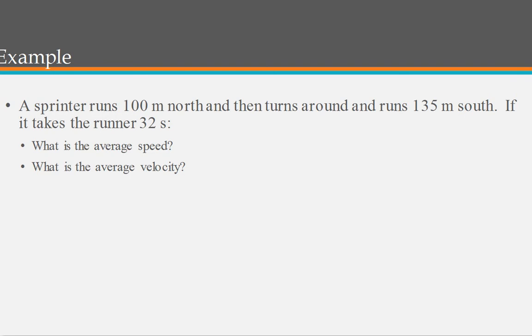So, problem-solving skill number 1, draw a picture. That vector represents 100 meters north. Then what happens? Turns around and runs 135 meters south.